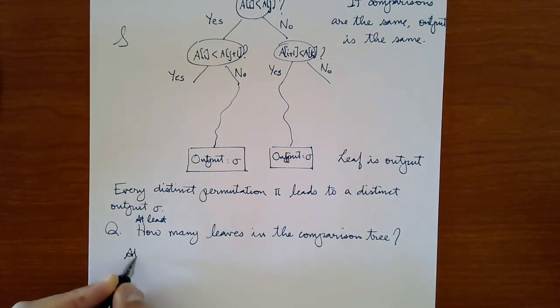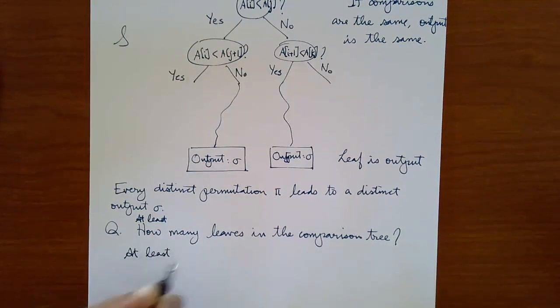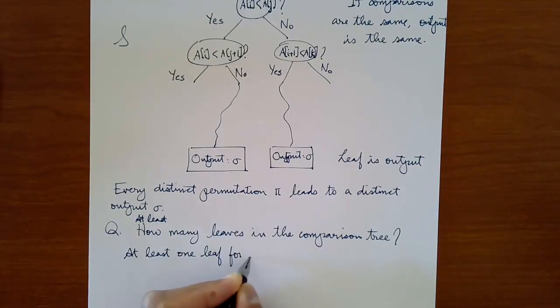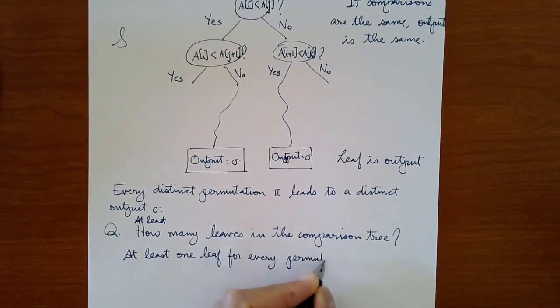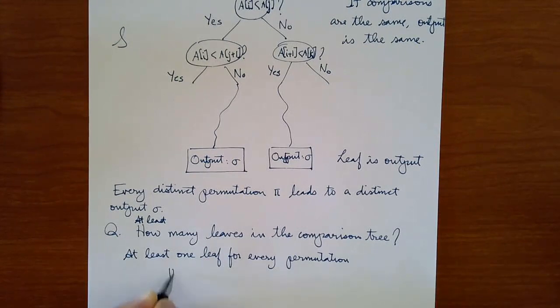So at least one leaf for every permutation. So hence, the number of leaves is at least n factorial.